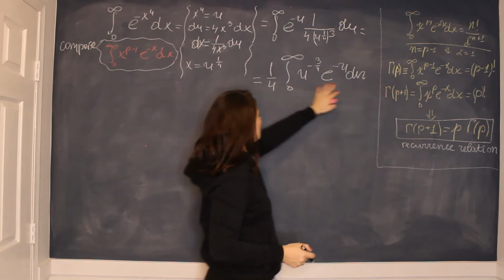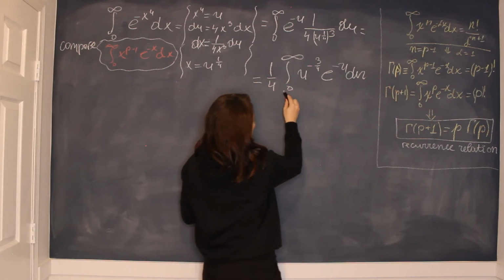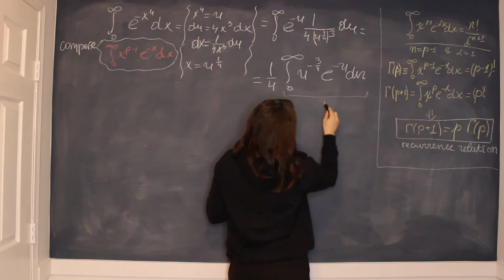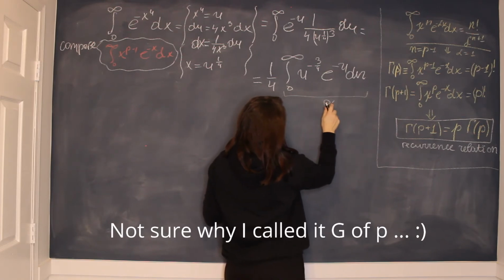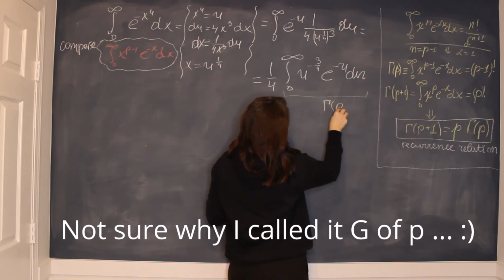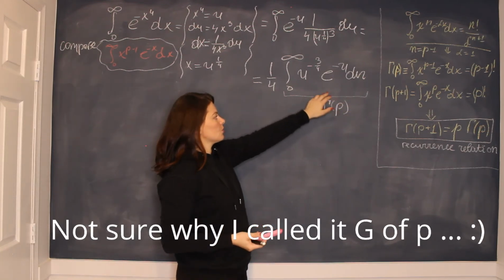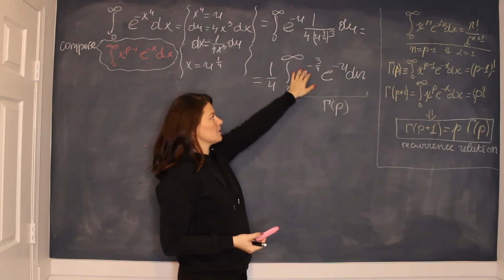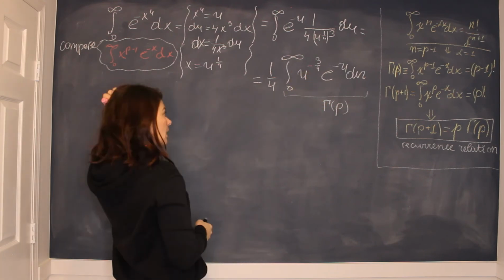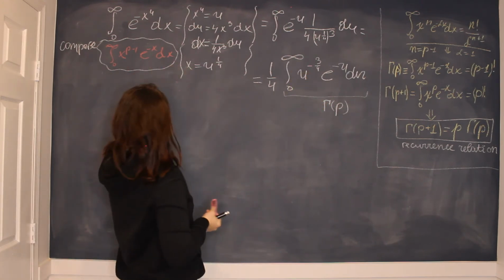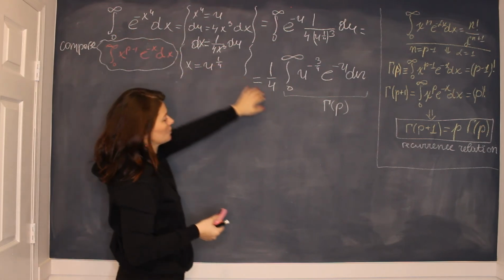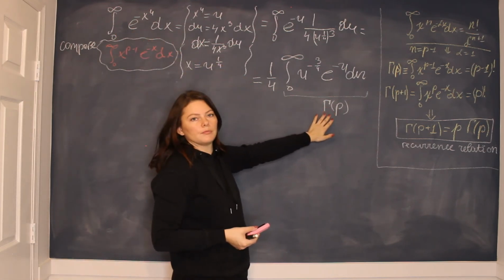It's the same thing. This part is our gamma of p. But we have to find the value of p, because we don't know. I mean, it can be easily read from here, but remember our main task was to express this integral in terms of the gamma function.